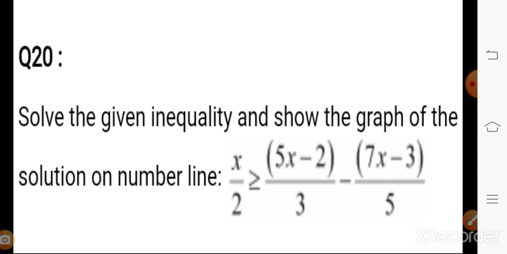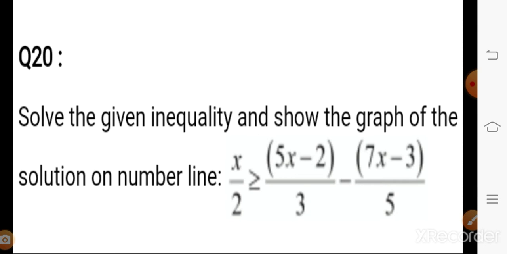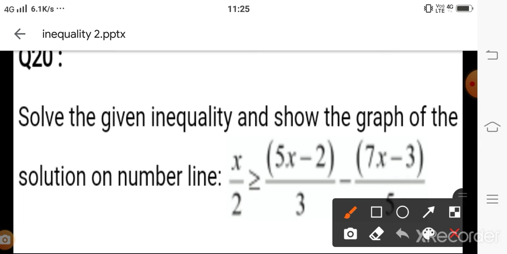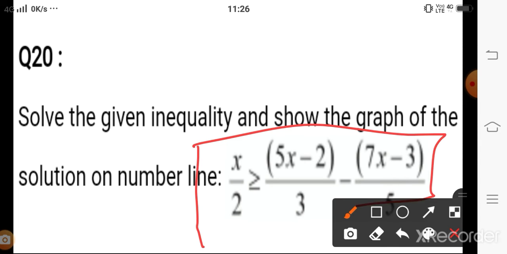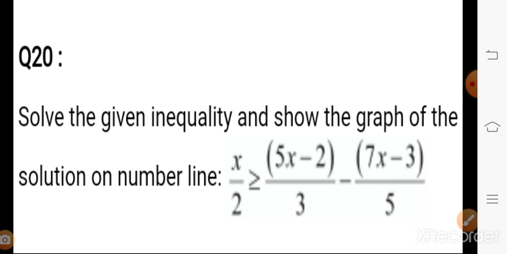Considering the inequality x upon 2 greater than or equal to (5x minus 2) upon 3 minus (7x minus 3) upon 5, we have to solve this first and then plot the graph of the solution on the number line.